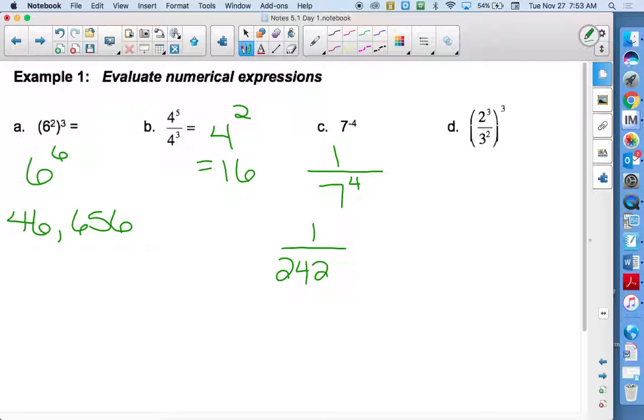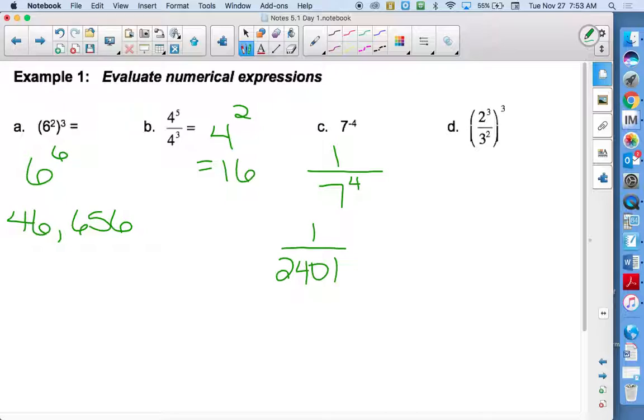Gotcha. So we don't want to get a decimal, keep it exact. You're just placing that 7 to the 4th part in your calculator, you got the 1 on top. So 1 over 2,401.